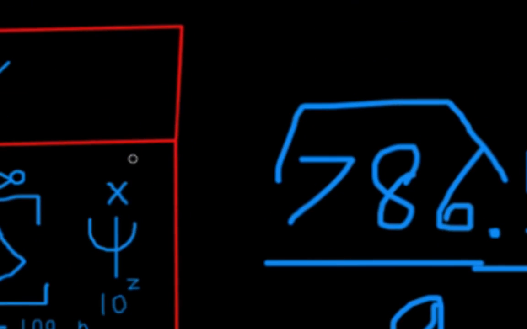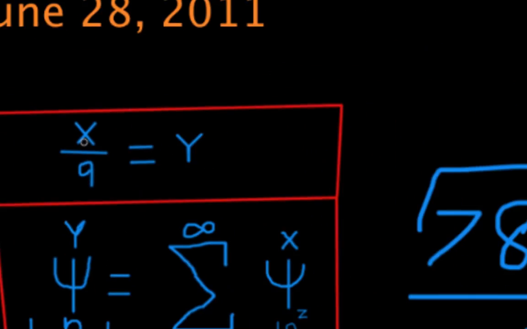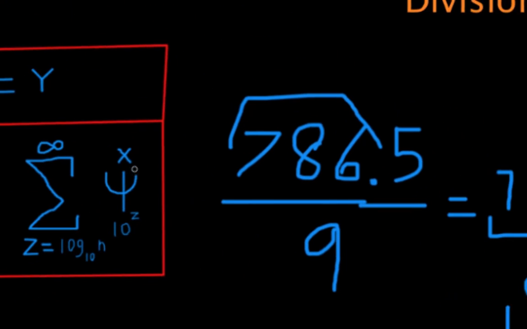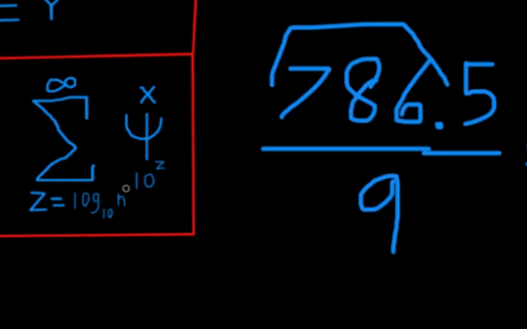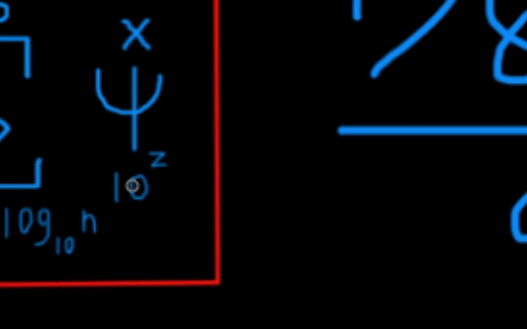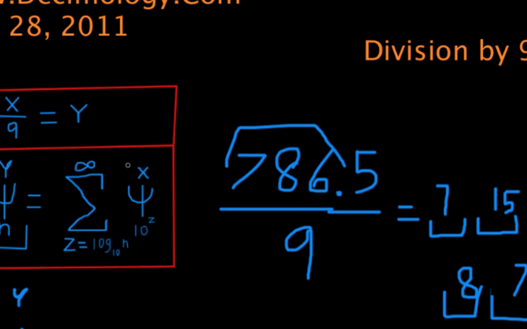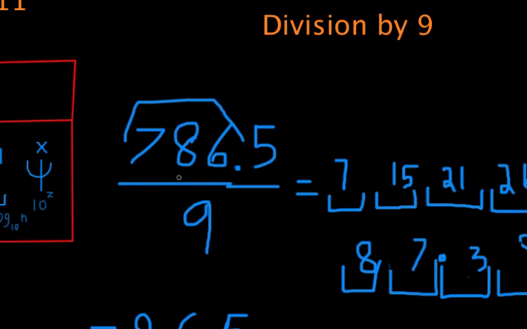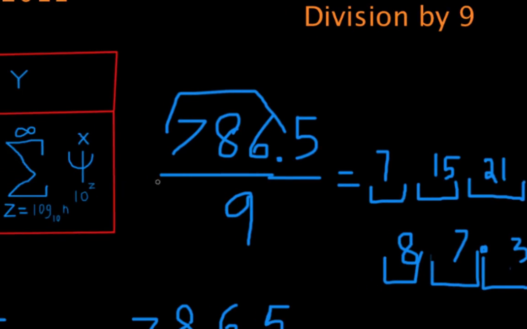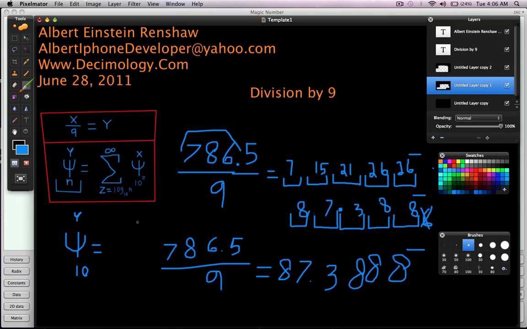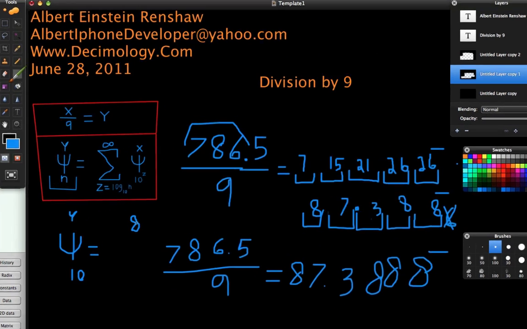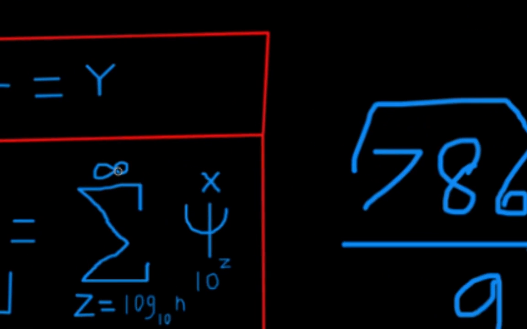X is the number being divided by 9, so psi of x, of 10 raised to the first power, so of 10. So the tens digit place of x, which is 8, right? So we're going to write down an 8. And then, since this is infinite, we're going to do it forever.